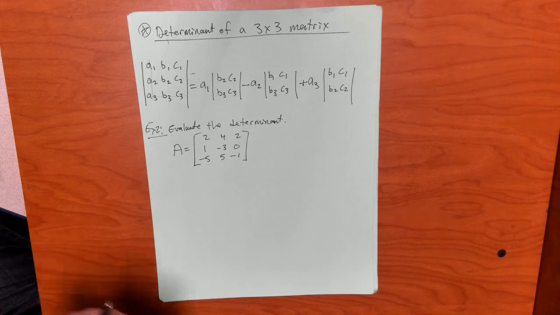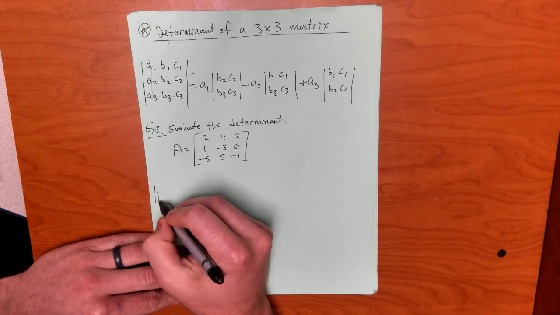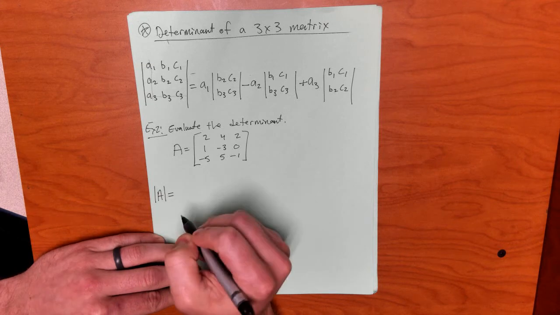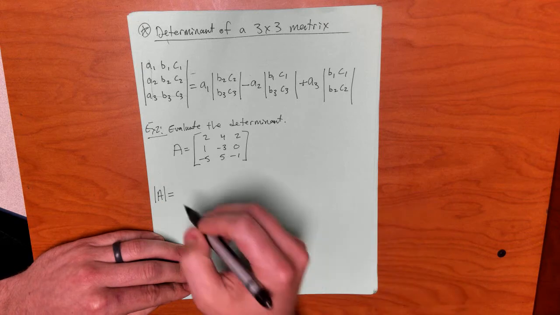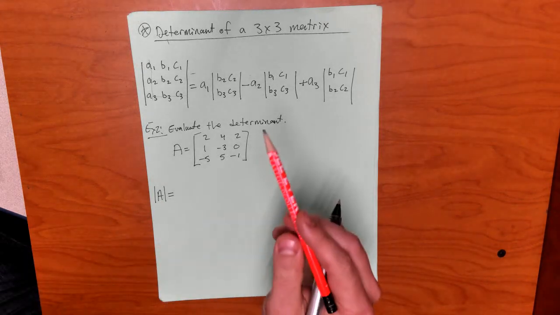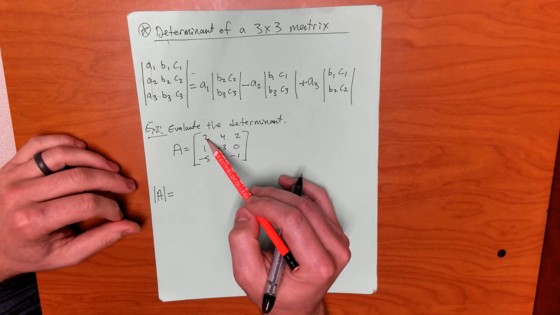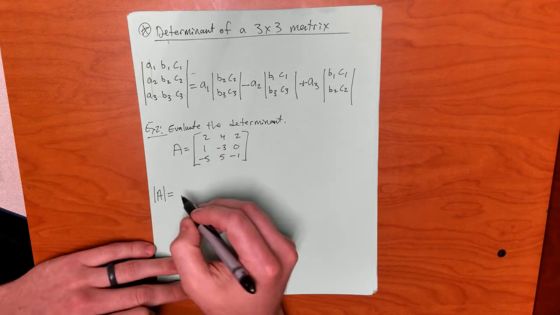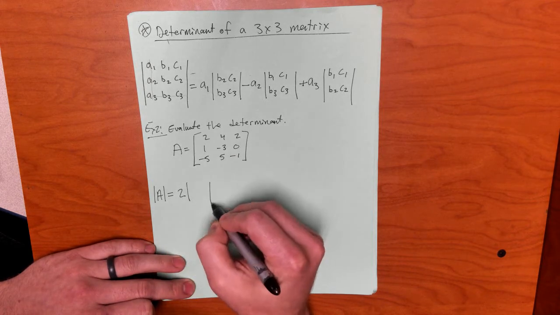All right, so what I'm trying to find now is the determinant, so I label it as such. That means the determinant of A is going to be this long thing that I'm going to write. So use a pencil or use some side work, however you want to do it. But I know I'm starting with this top left item, or position, that's 2, and I'm going to have some determinant here.